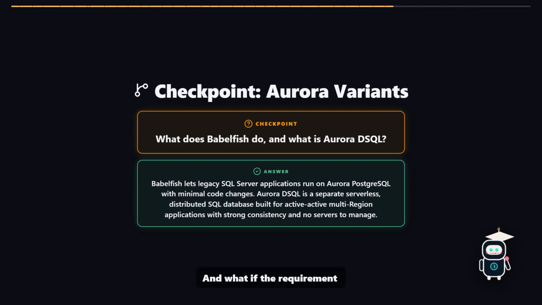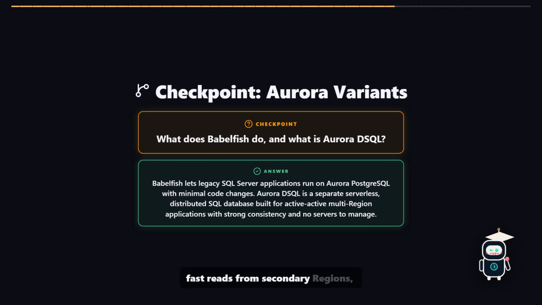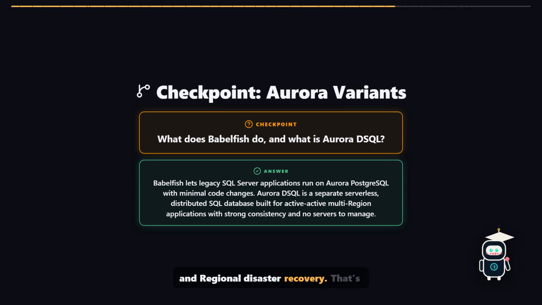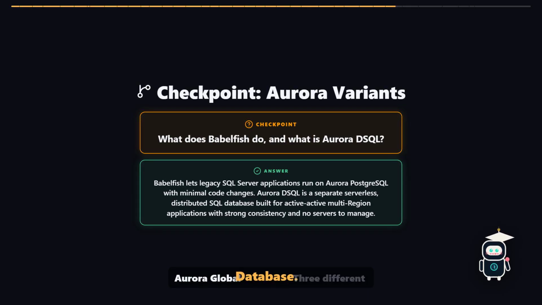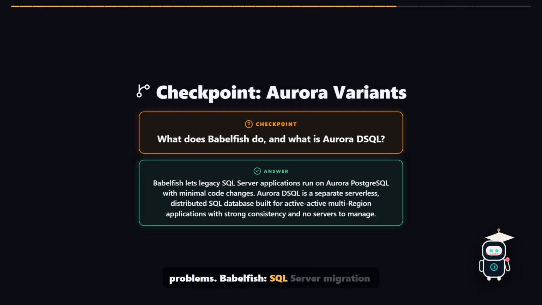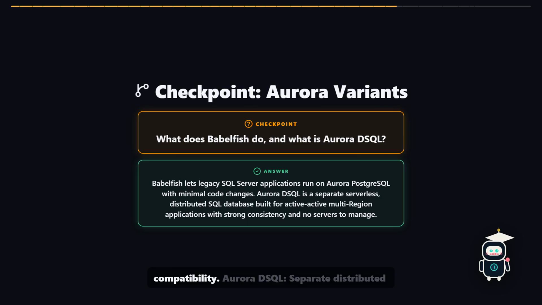And what if the requirement is different? The application needs one primary Aurora writer region, fast reads from secondary regions, and regional disaster recovery. That's Aurora Global Database. Three different problems. Babelfish, SQL Server migration compatibility.